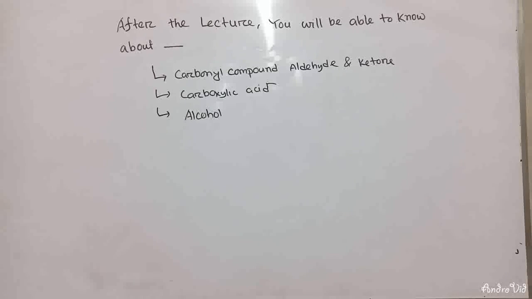You will also know about alcohol, 1 degree, 2 degree, 3 degree alcohol, their preparation and identification processes. In addition, you will know different types of alcohol that can be used industrially and commercially. So this is basically the information that I have focused on in this lecture.